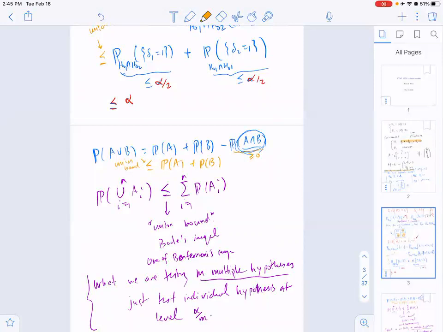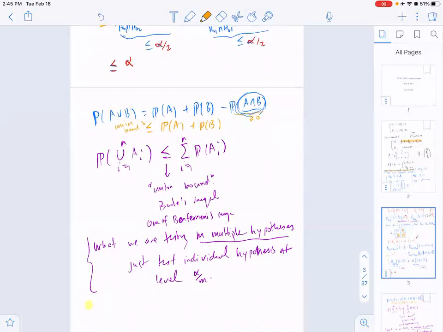But statistically, what's wrong with this? Why, from a statistical perspective, could we probably do better? So think of what happens when m is very large. Suppose m is 10. Like m is 100. I'm testing 100 simultaneous hypotheses.